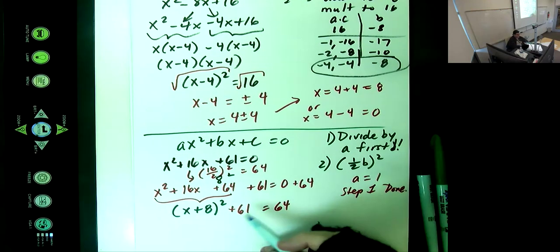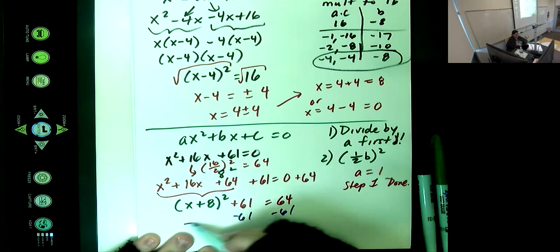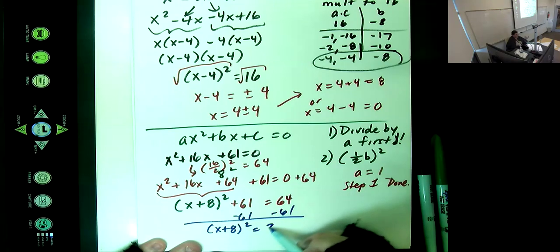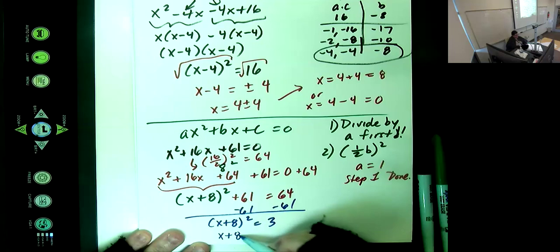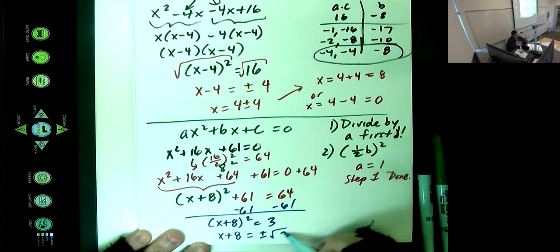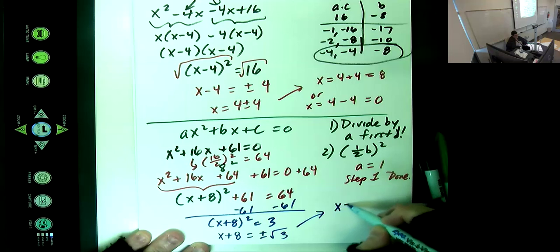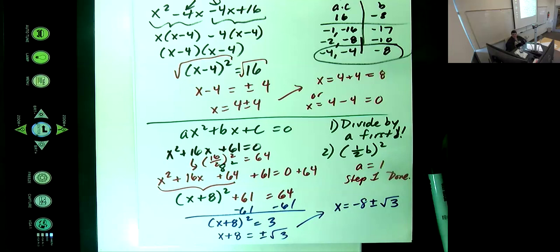Just subtract 61. Then we do the square roots. And then we subtract 8 from both sides. And we'll get what we had before.